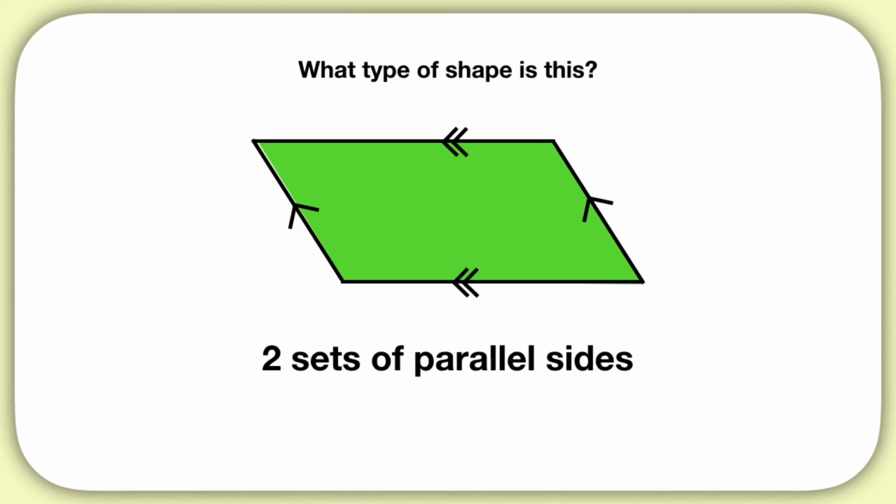What about the side lengths? Are they the same? No, all the sides are of different length. So, this shape has 2 sets of parallel sides. What can we call this shape? Remember what we have studied? Shapes that only have 2 sets of parallel sides are called parallelograms.